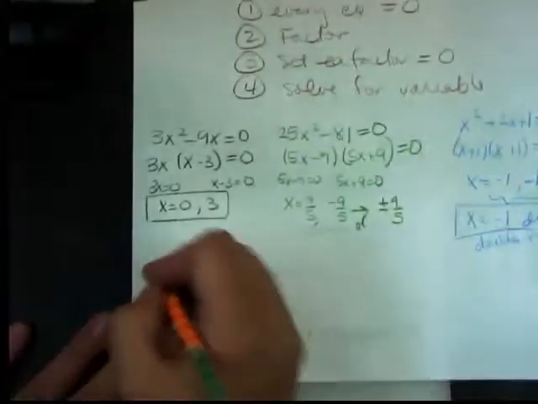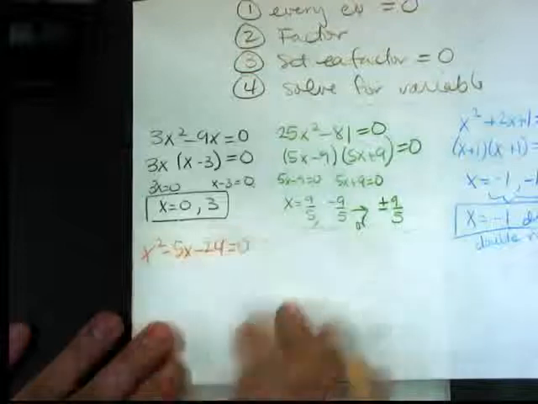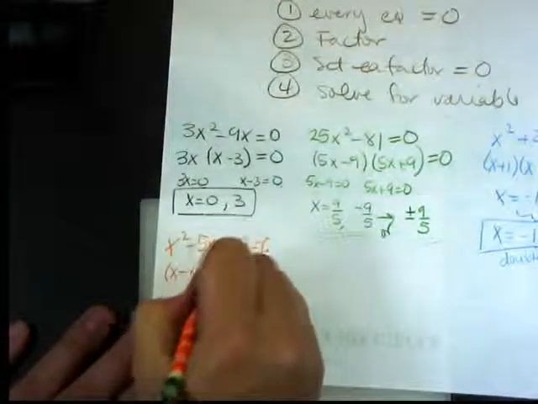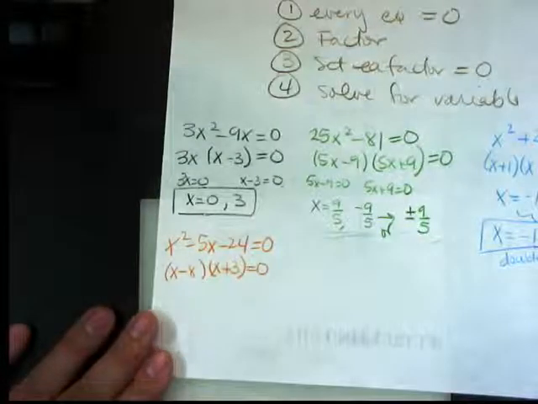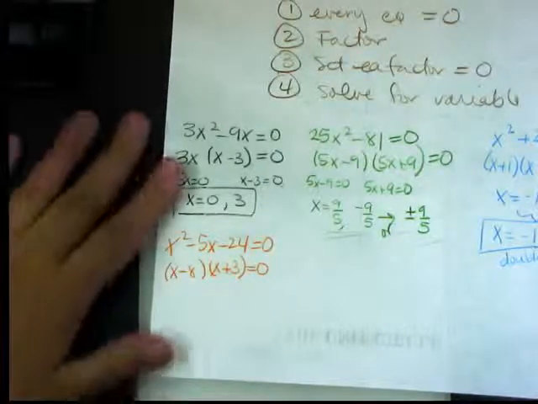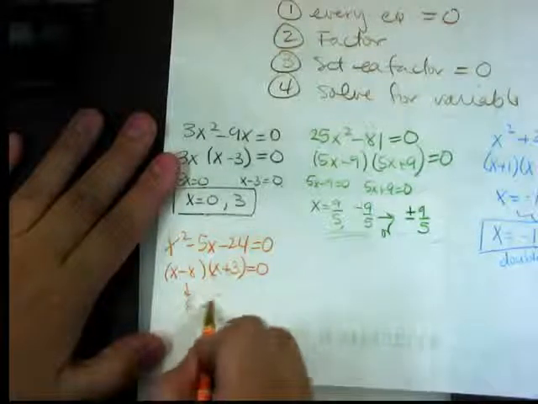Okay. X squared minus 5x minus 24. When we factored this the other day, we got x minus 8 and x plus 3. At this point, hopefully you're picking up that you don't have to set each factor equal to 0. You can just go, oh, this one is 8, this one is -3.